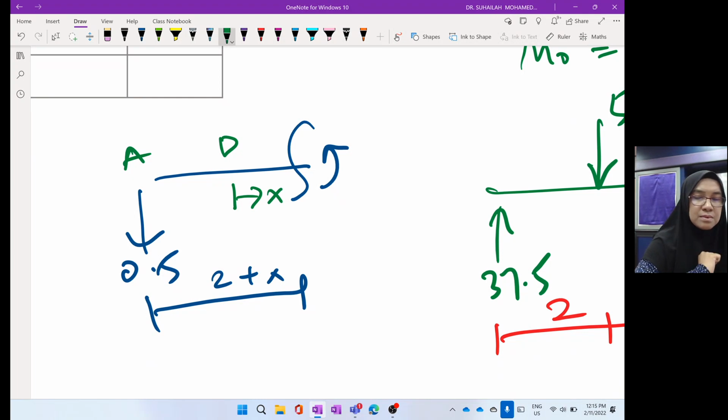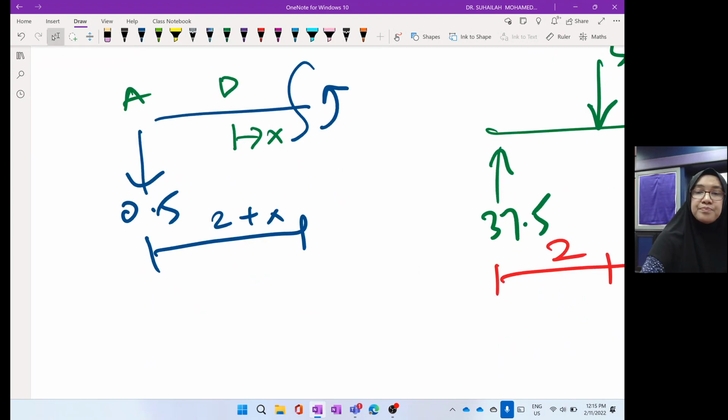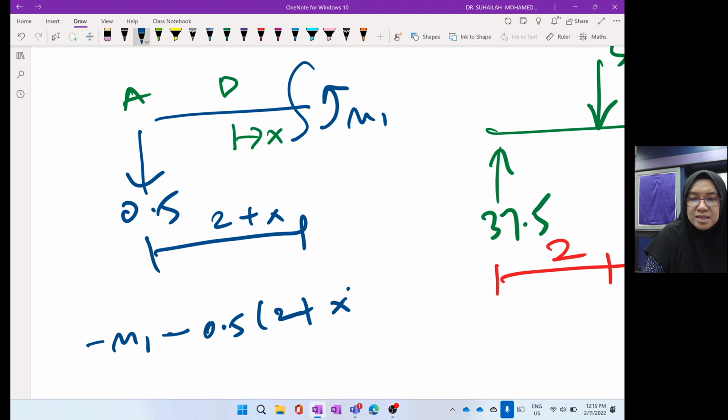Okay, don't make a mistake with the diagram. Don't put the x wrongly. Okay, so it is 0.5 times this M1. So negative M1 minus 0.5 times (2 plus x) equal to 0.